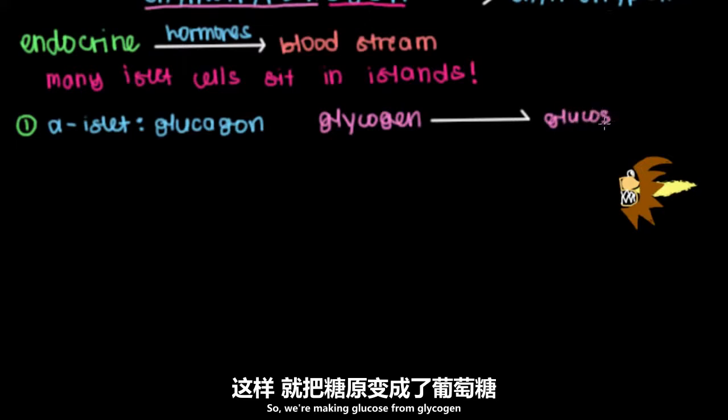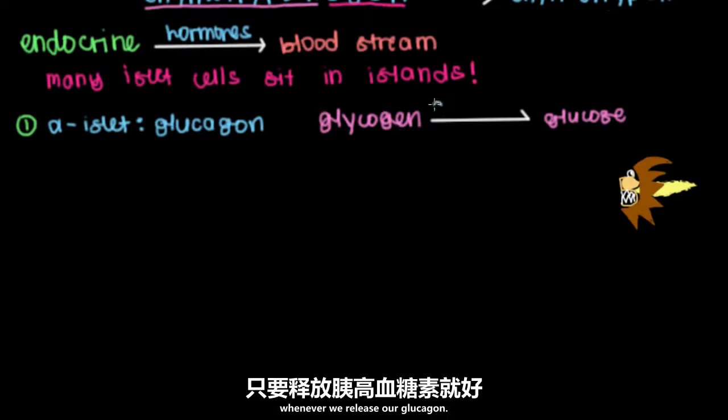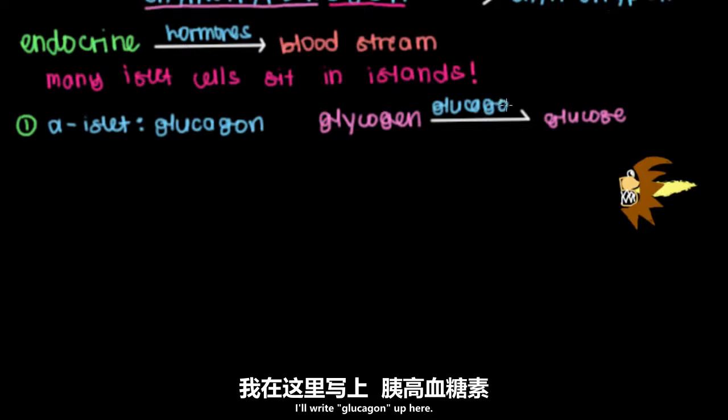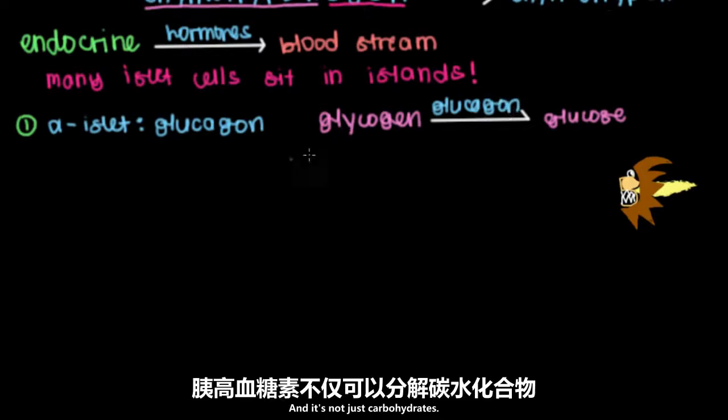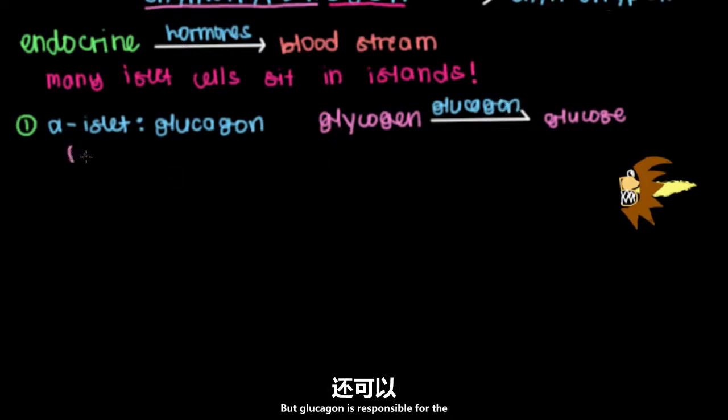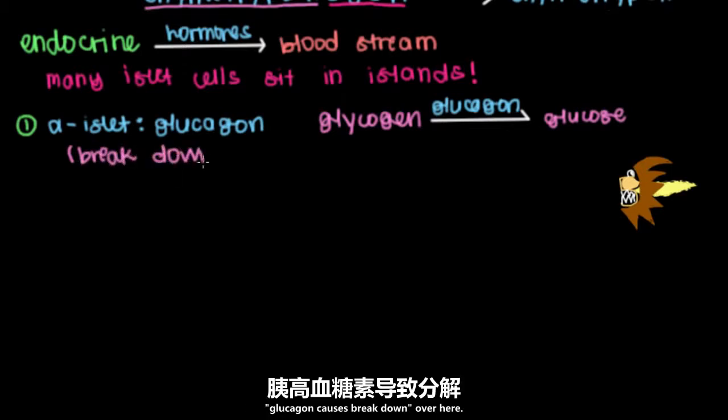And so we're making glucose from glycogen whenever we release our glucagon. So I'll write glucagon up here. And it's not just carbohydrates, but glucagon is responsible for the breakdown of a whole bunch of macromolecules. So I'll just drive it home by writing glucagon causes breakdown over here.